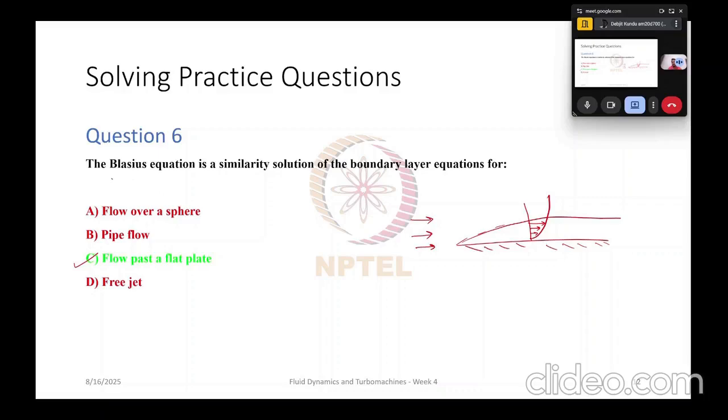And it was Blasius who first gave a very elegant solution to this problem, and that's known as the Blasius solution or the Blasius equation. And it is a similarity solution which was applied for boundary layer equations for flow over a flat plate.